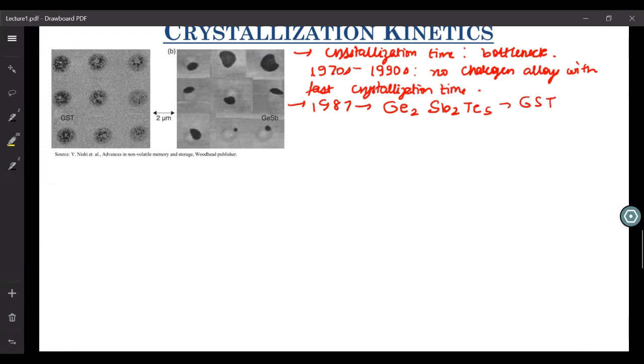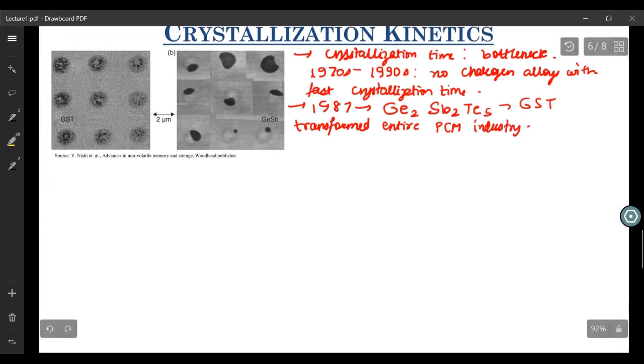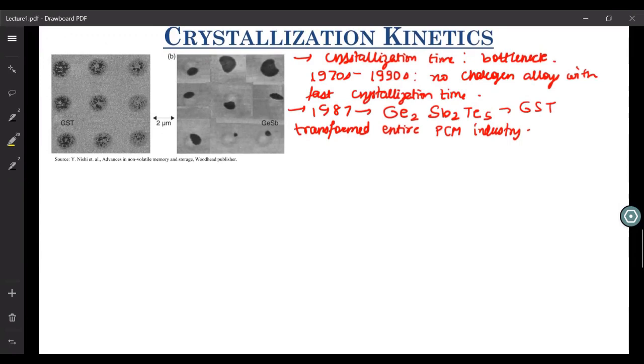And this GST material transformed the entire PCM industry. This led to a drastic change in the landscape, and to the development of CDs, DVDs, and even Blu-ray discs. Blu-ray discs are not actually GST.